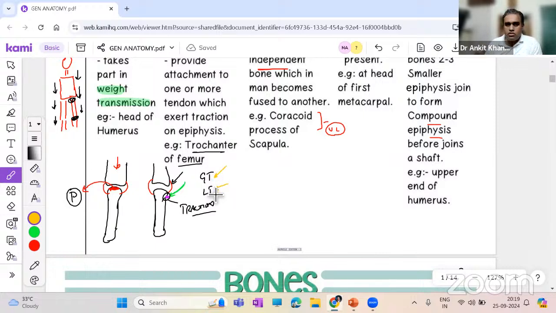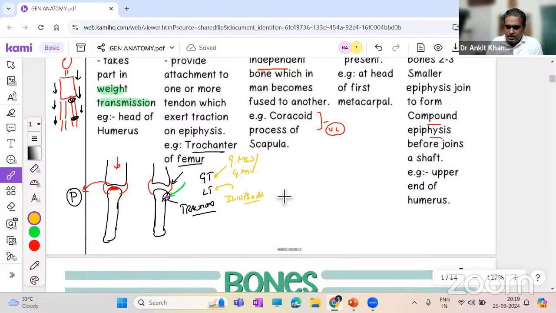I'll give you names right now, but once you reach the lower limb topic, they will be taught again. At the greater trochanter we have the gluteus medius and gluteus minimus, muscles of the buttock region. At the lesser trochanter we have muscles like iliopsoas, iliacus, or psoas major.